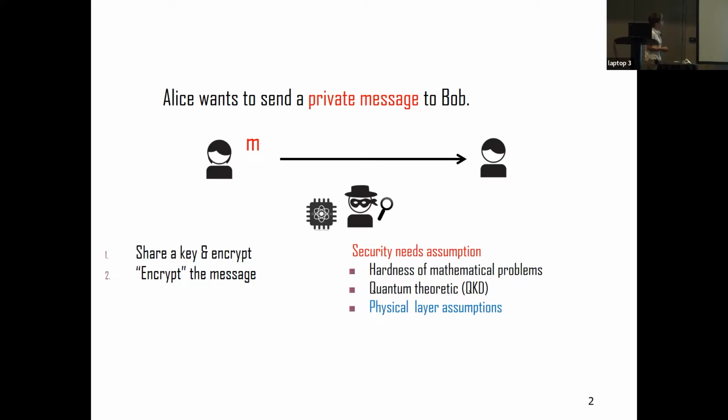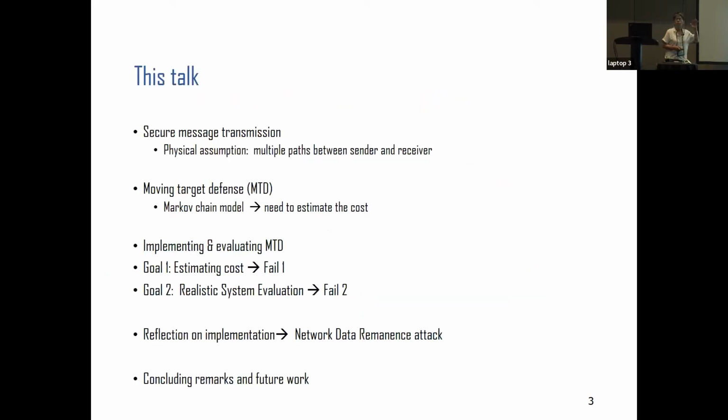The outline of the talk is: I'm going to go through this model of secure message transmission, which uses physical layer assumptions to provide secure communication. Then I introduce moving target defense, which is based on secure message transmission but tries to make it practical.